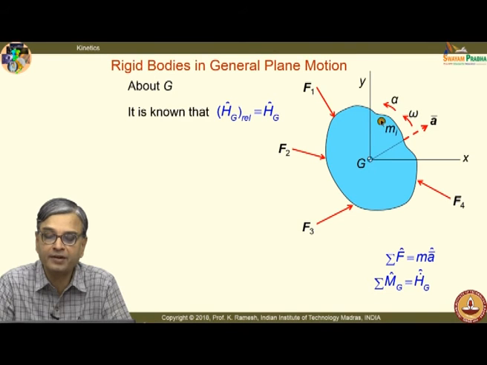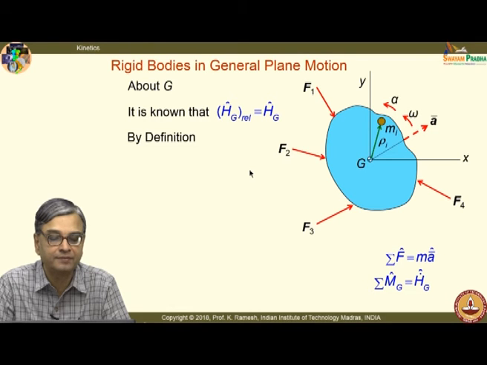I take an arbitrary point on the rigid body. This mass point has mass of mi and the distance is rho i. And I have already said that we know Hg rel equal to Hg. So, instead of writing Hg from first principles, I will write Hg rel, that is easier for me to write, and use the expression.